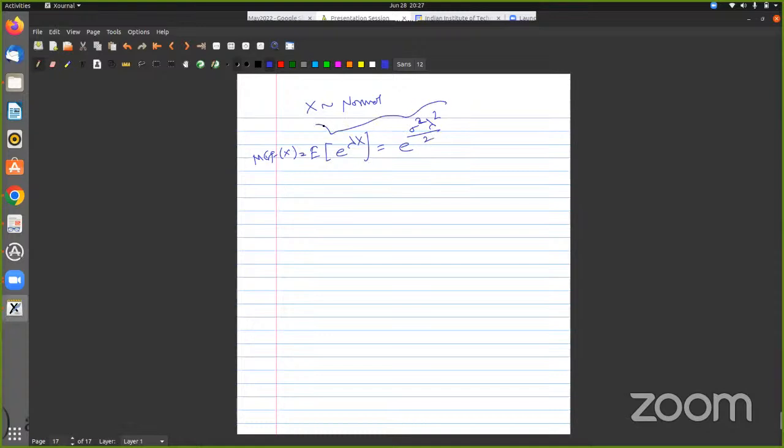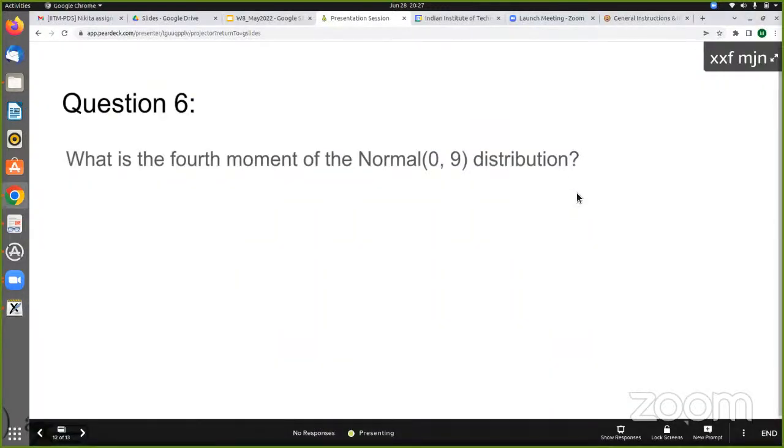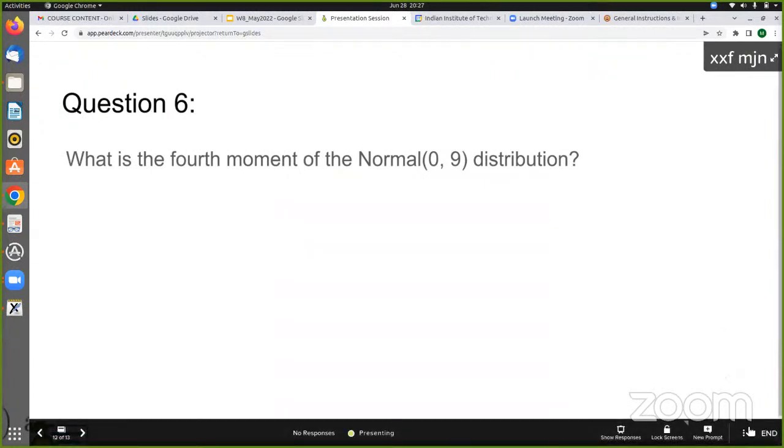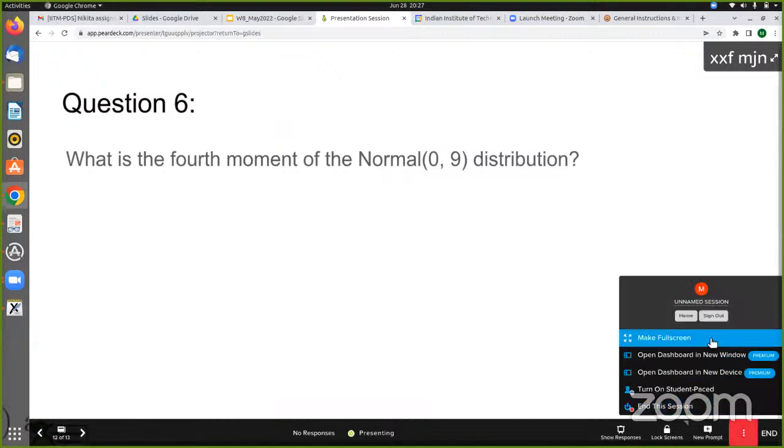So you have to use this. Take 2-3 minutes and we'll finish it off. I'll show the solution. I don't know whether all of you will be able to solve this or not. We'll try to see.